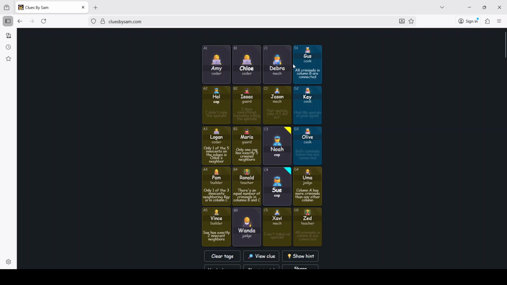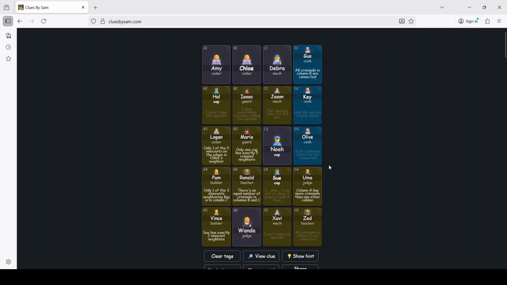So we would need both Noah and Deborah to be criminals for B and C to have the same number of criminals and innocents relatively. But that means K now does not have enough innocent neighbors, so Sue has to be a criminal.